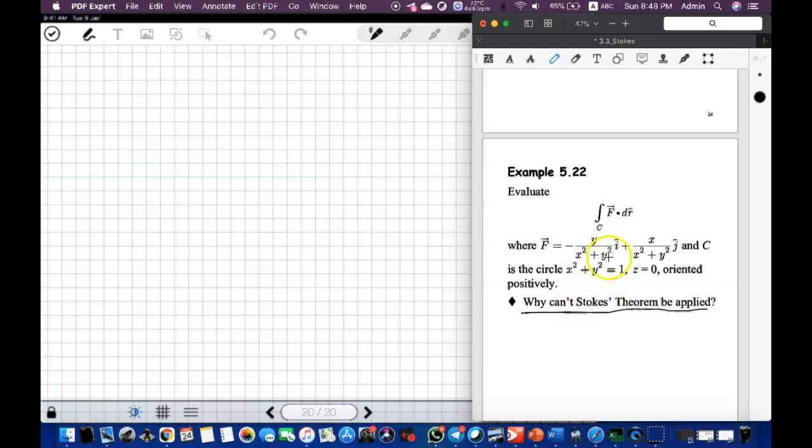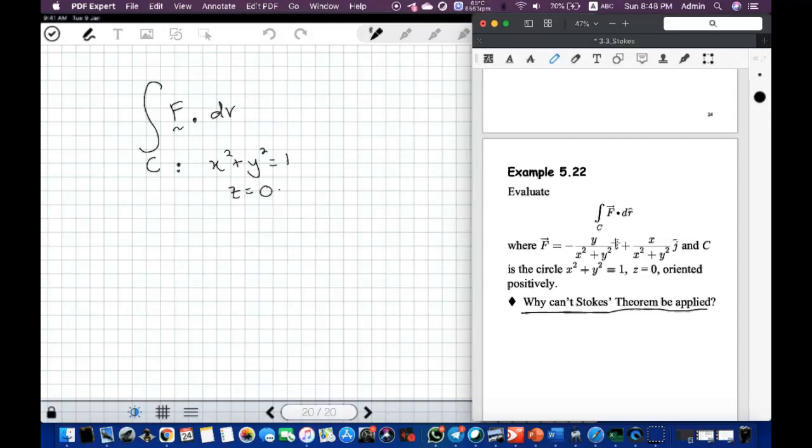We know that in the Stokes theorem, if you are asked to evaluate the line integral of F dot dr over the curve C, in this case your curve looks like a closed curve, right? Because we have a circle given by x squared plus y squared equal to 1, located at z equal to 0.